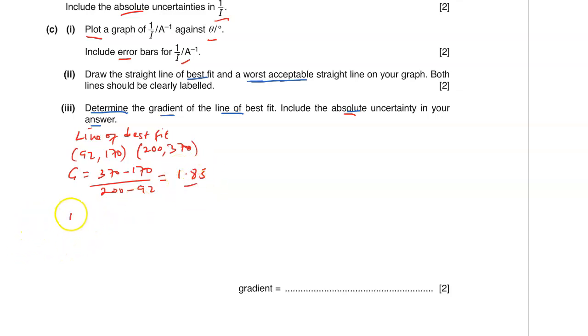Now the gradient of the worst acceptable line. I'll pick this point, 98 and 180, and the other is 194 and 370.